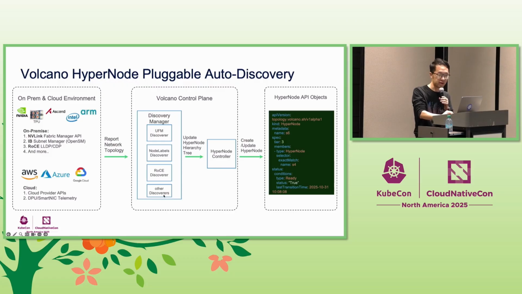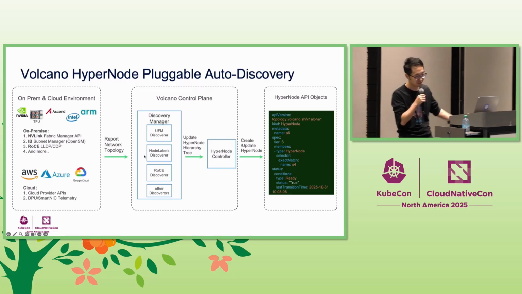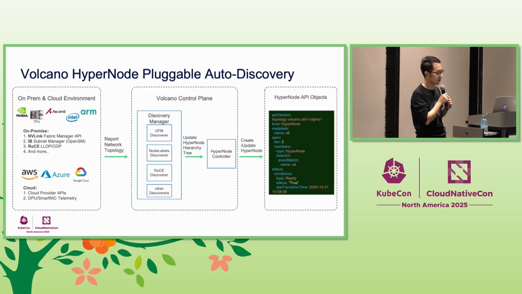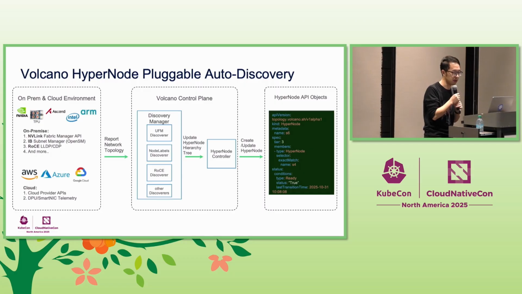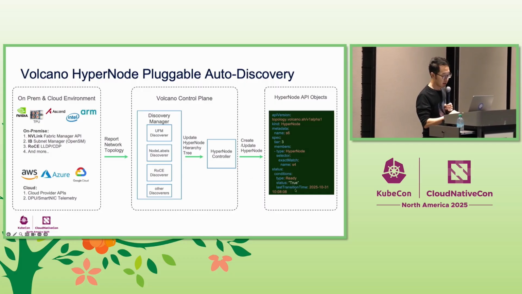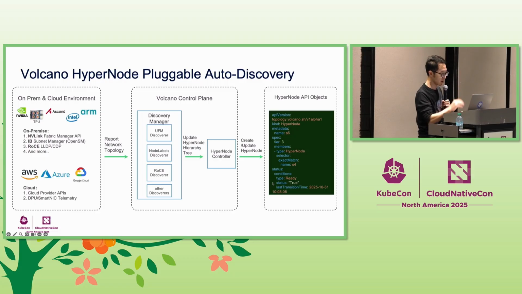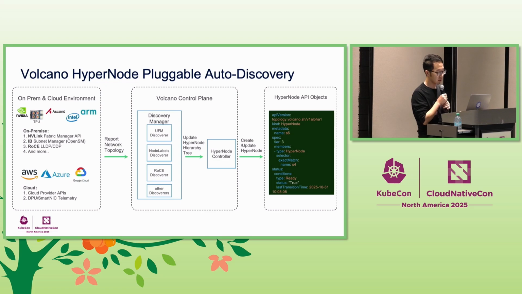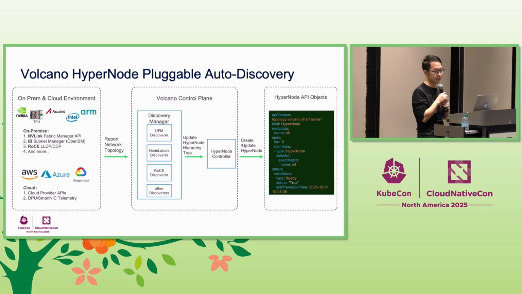Currently, we provide the UFM Discover and the Node Labels Discover, which is super useful because it's quite easy to convert from node labels to actual HyperNode API objects. That's the underlying HyperNode, basically the cluster network topology management. We are also adding more detailed status monitoring for network issues.